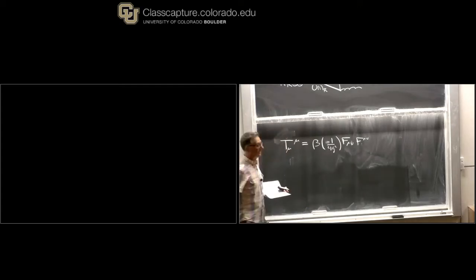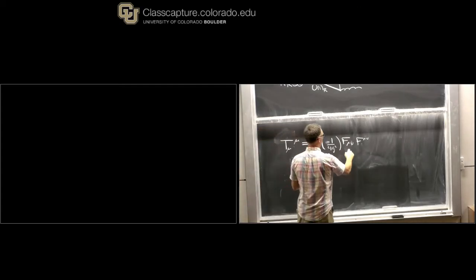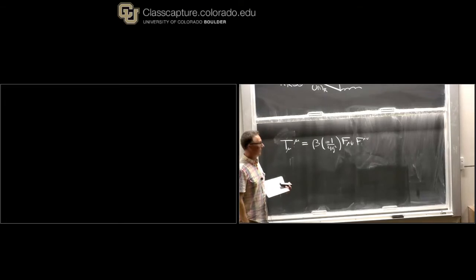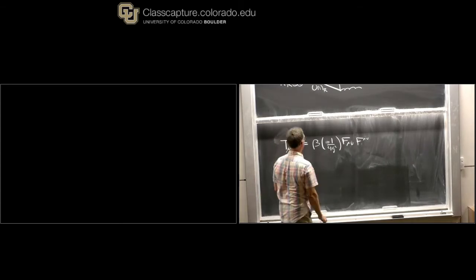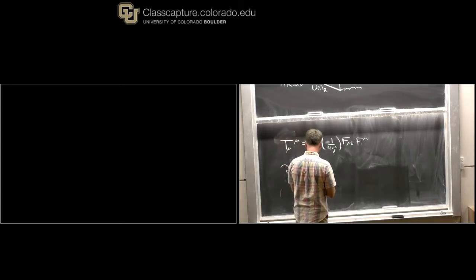This is how the beta function could be written. It's a contribution to the trace of the stress tensor that's proportional to the field strengths. And the divergence of the R current is, let's write down the coefficients that I like.